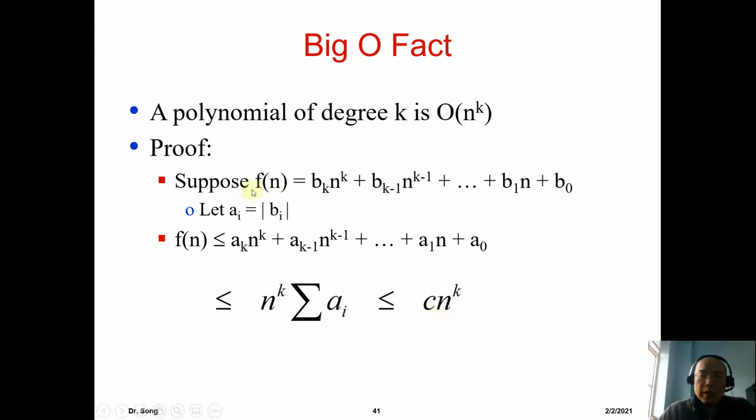This f(n) is guaranteed to be smaller or equal to C n to the k. So this polynomial is O of n to the k, and the process is exactly the same.